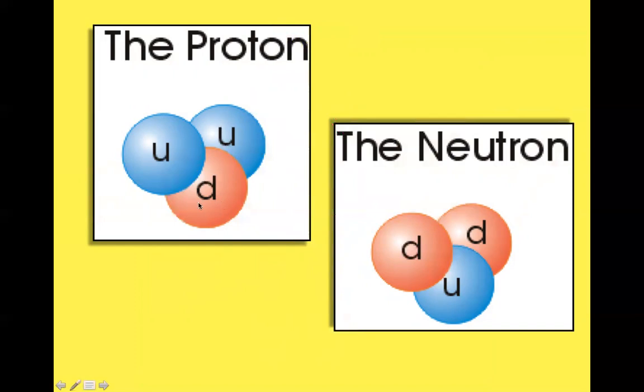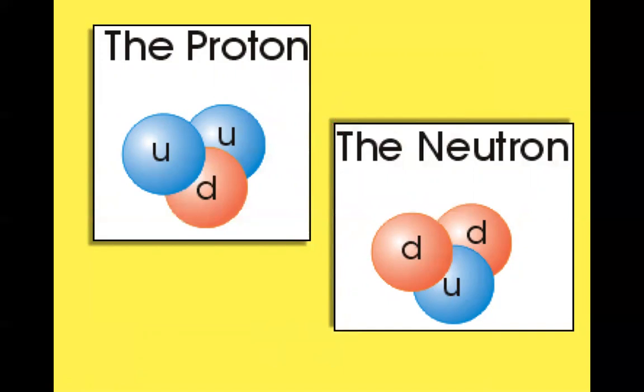We find that in atoms. We also find neutrons in the atoms, okay? Neutrons are made up of two down quarks and one up quark. So we just need to understand that these subatomic particles, the protons, the neutrons, and the electrons, are made up of something even smaller, and these are quarks.